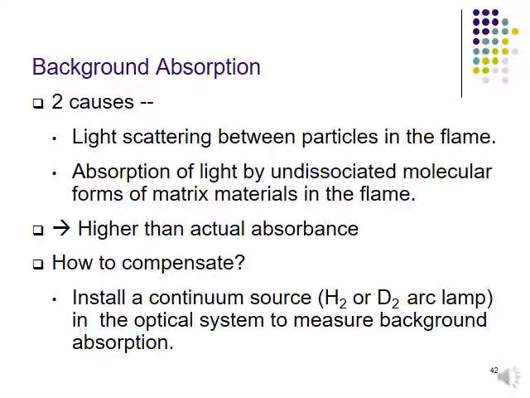Now, what is background absorption? There are two causes of background absorption. The first is light scattering between particles in the flame, and the second is absorption of light by undissociated molecular forms of matrix materials in the flame. Basically, these two causes make the background absorption happen.